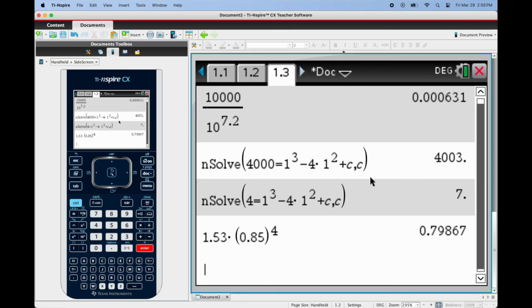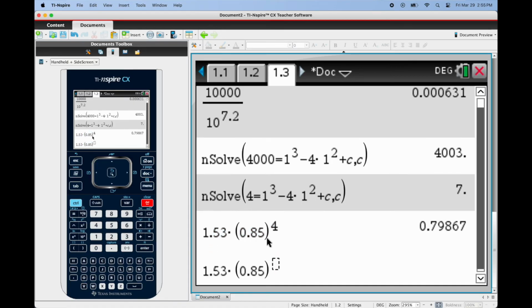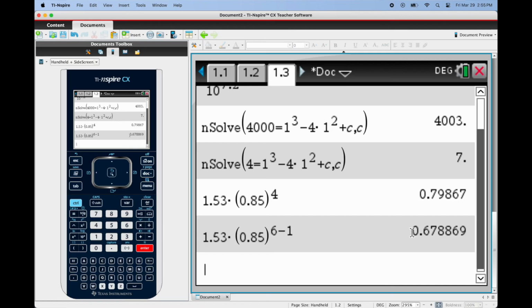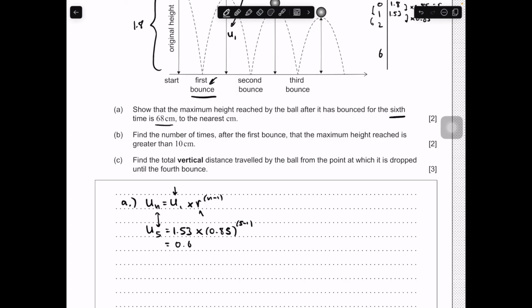Okay, or sorry, it's the 6th bounce, isn't it? So n minus 1 would be, I'm actually going to write it out this time, 6 minus 1. And there we have 0.678869. So going back to the document, we have 0.6789.